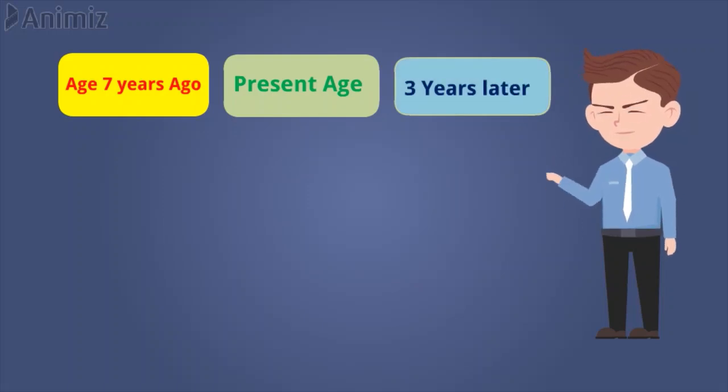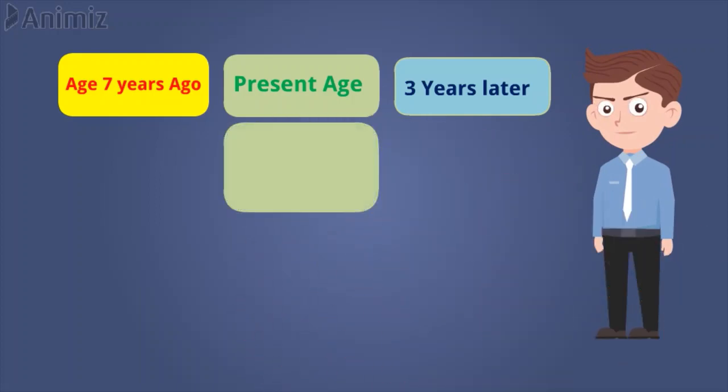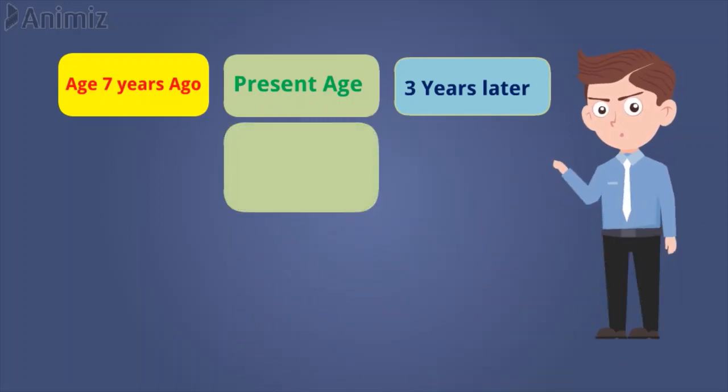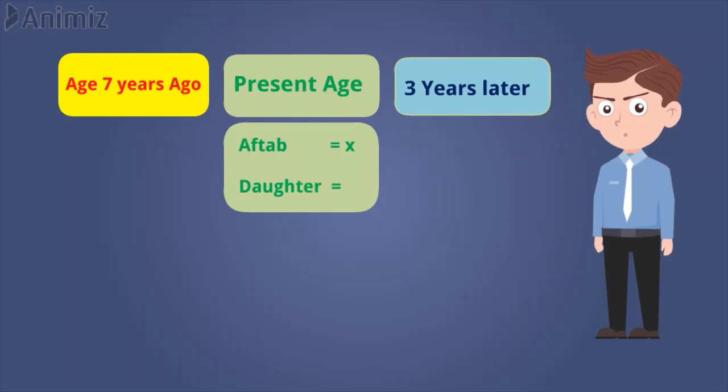So in this case, the middle column contains the ages: the age of Aftab is x years and the age of the daughter is y years.